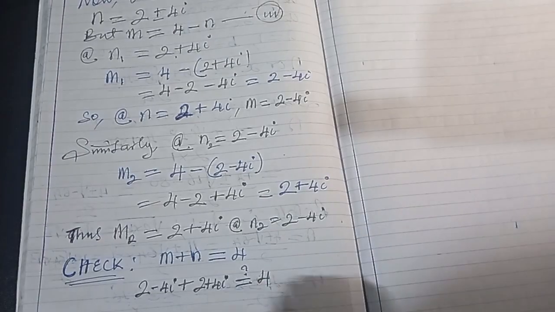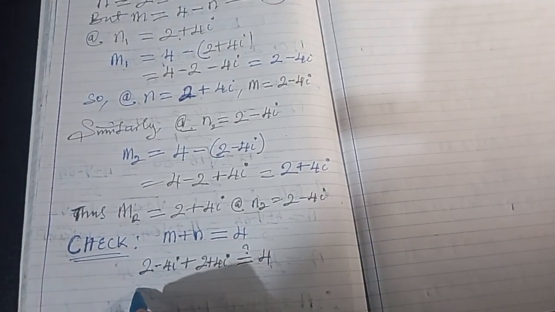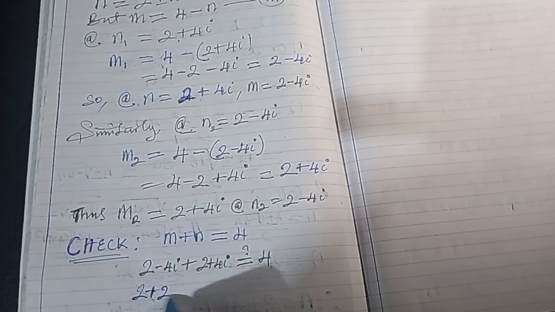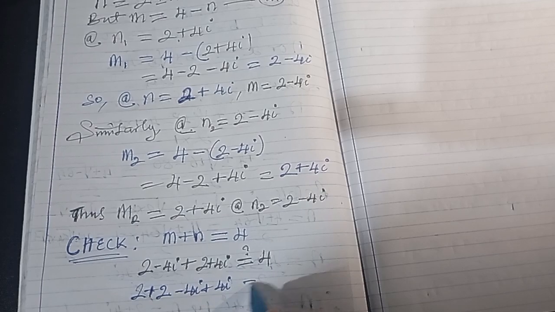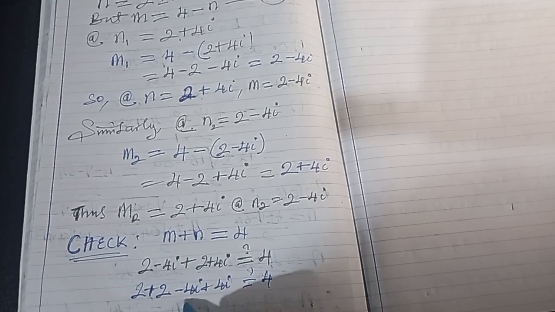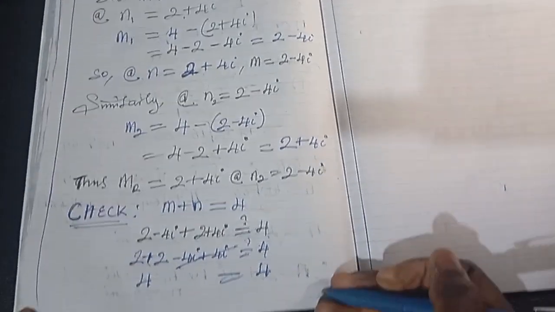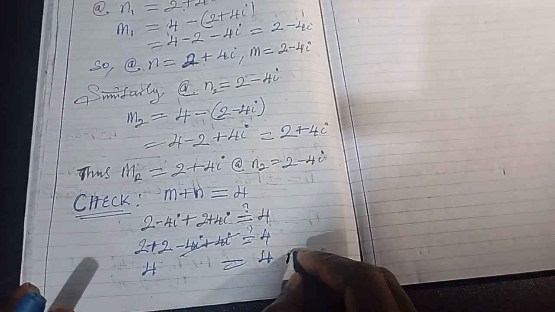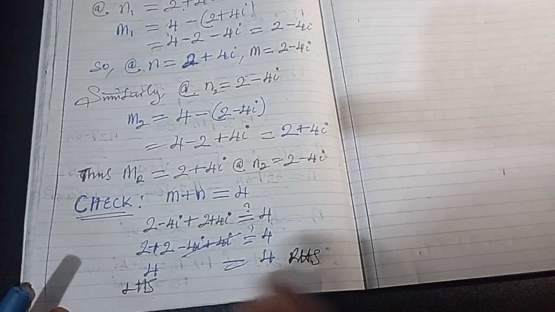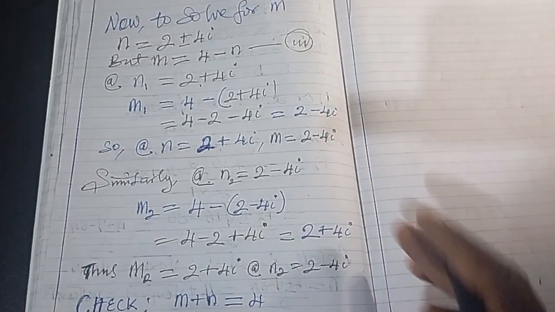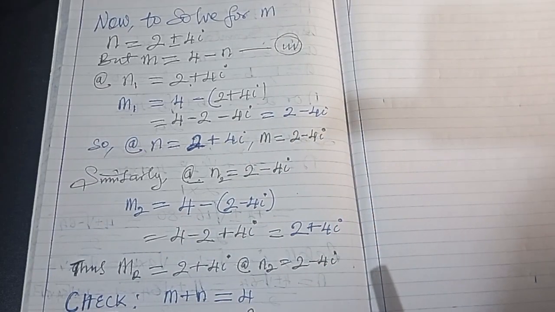Let's check. You observe here that this 2 we add to this 2, and the minus 4i we add 4i. So this can cancel. We have 4 equals 4. You notice that the right hand side is equivalent to the left hand side. So what we are doing here is very correct, just that we have a complex root.